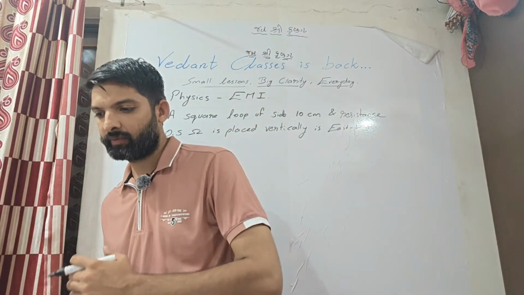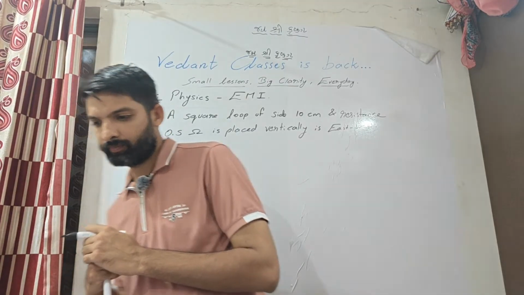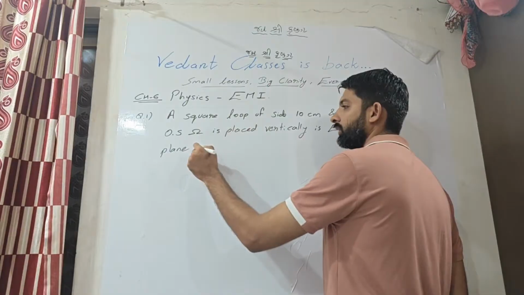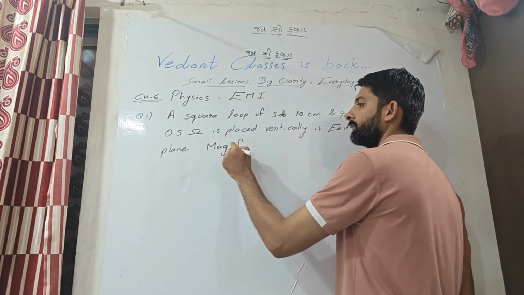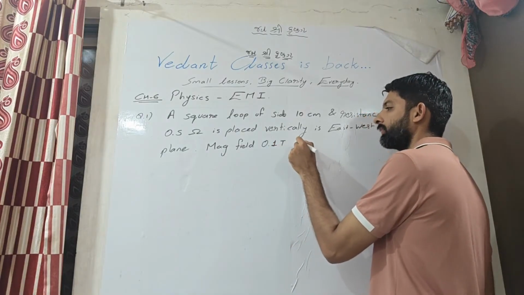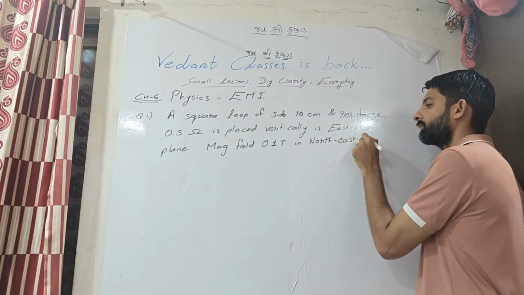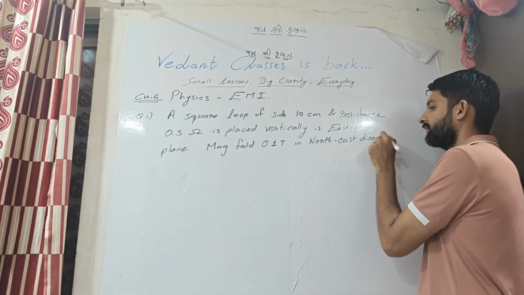Then a uniform magnetic field of 0.1 Tesla is set up across the plane in the northeast direction.